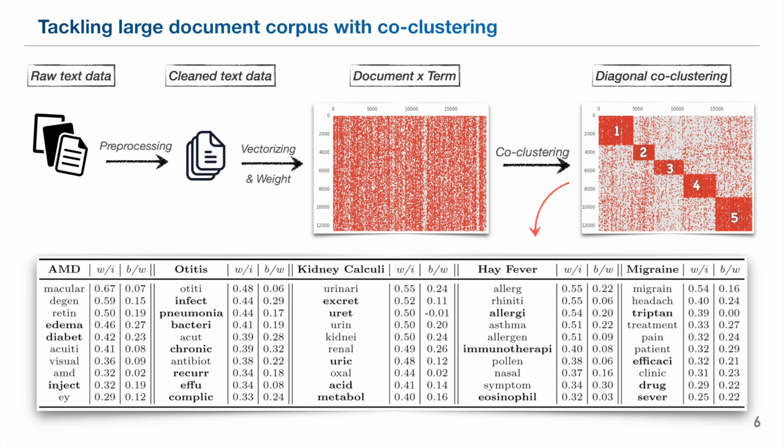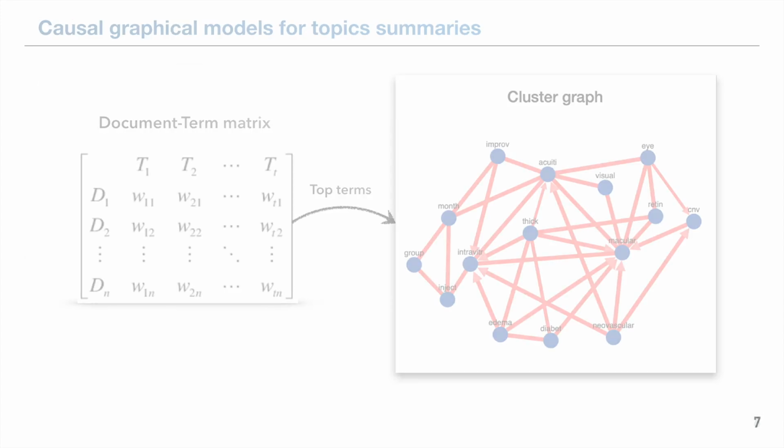Yet, a list of top terms is not sufficient. If we have lots of documents and we want to understand topics in depth, it is necessary to go deeper and identify the direct relationships between top terms. Most importantly, discovering causality between them would be valuable information on how they relate to each other.